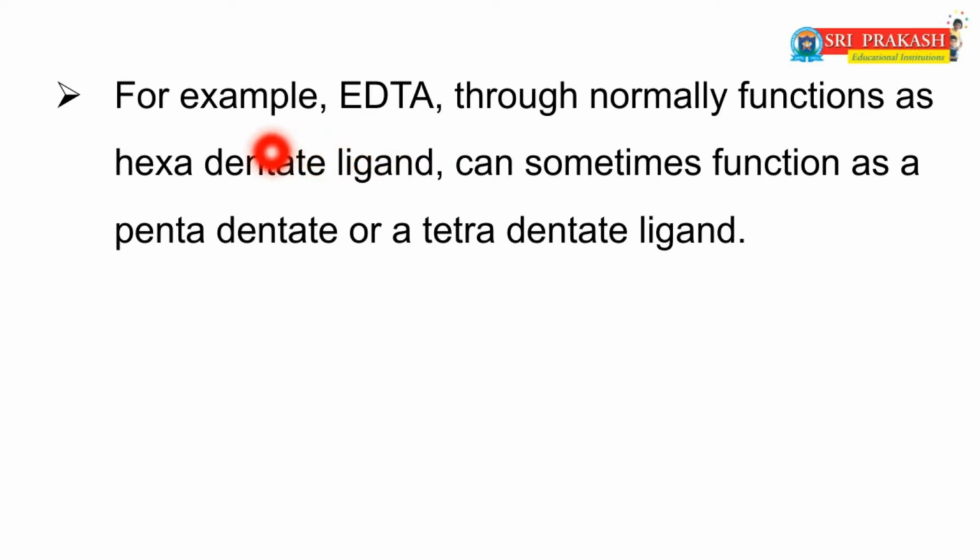Once again, for example, EDTA normally functions as a hexadentate ligand. Already you all know that this is the hexadentate ligand. But sometimes it functions as a pentadentate or a tetradentate ligand. So, EDTA is one example of a flexidentate ligand.